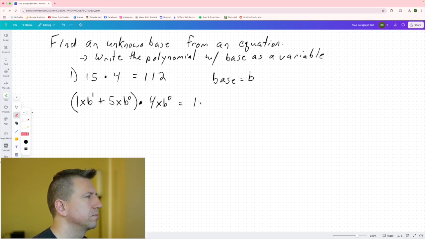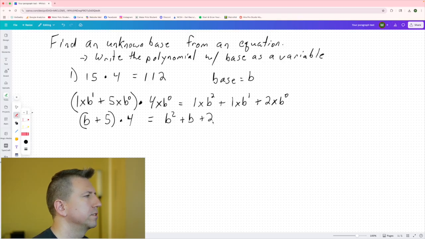And that equals 1 times b squared plus 1 times b to the 1 plus 2 times b to the 0. So that gives us b plus 5, all multiplied by 4, is equal to b squared plus b plus 2.